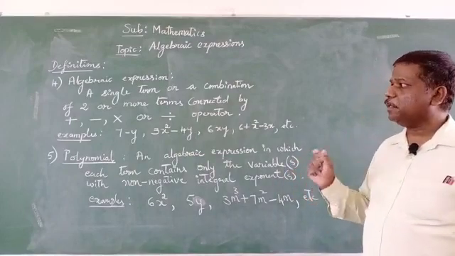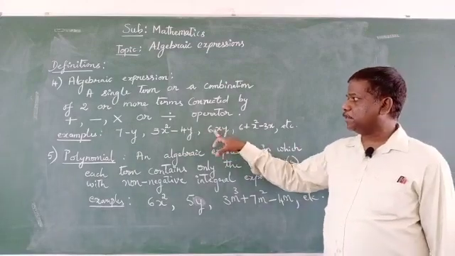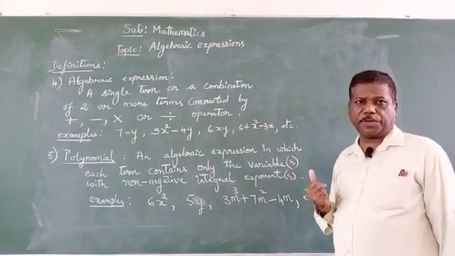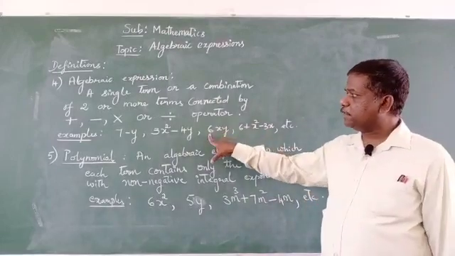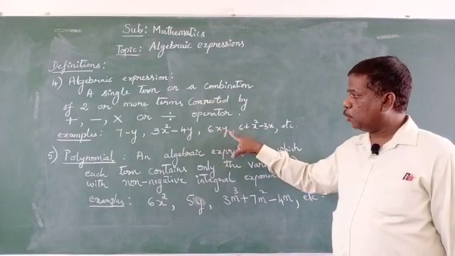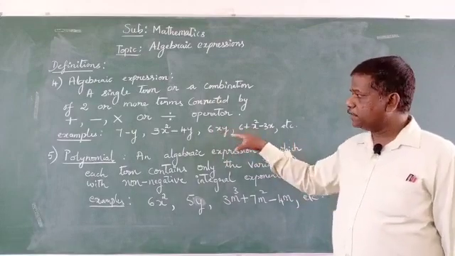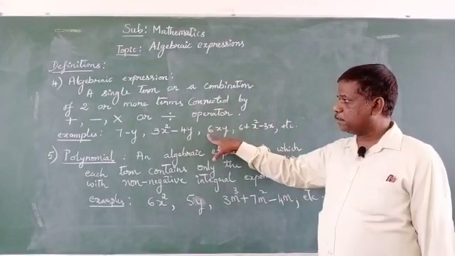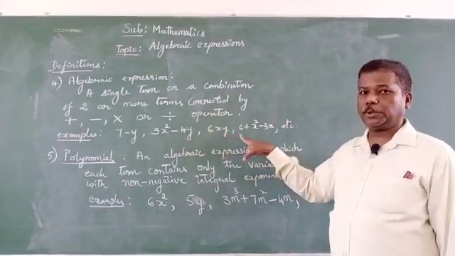Now if there is a term like this, 6xy, here there is no other operator, as I can't see any other operator here. So when 6 is mentioned, it is a constant, x is a variable, y is another variable. When it is written as 6xy, it means 6 multiplied by x multiplied by y.